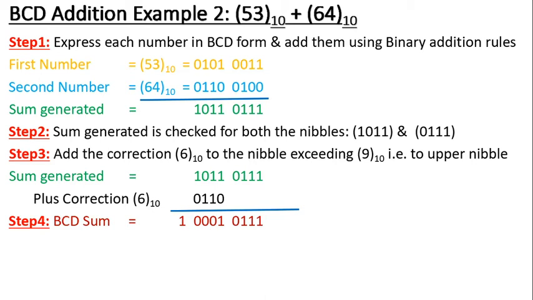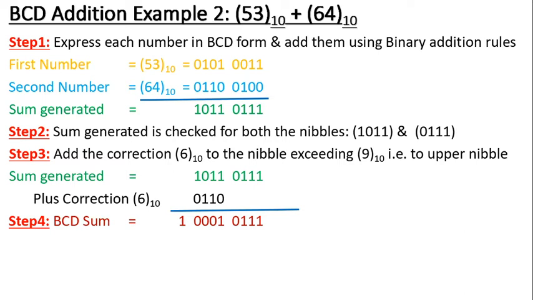1 0 0 0 1 0 1 1 1. It clearly means that the lower nibble of that result is 0111. Then the next nibble to the left side is 0001. And the most significant bit, which we are getting as 1 here, is nothing but the carry bit.